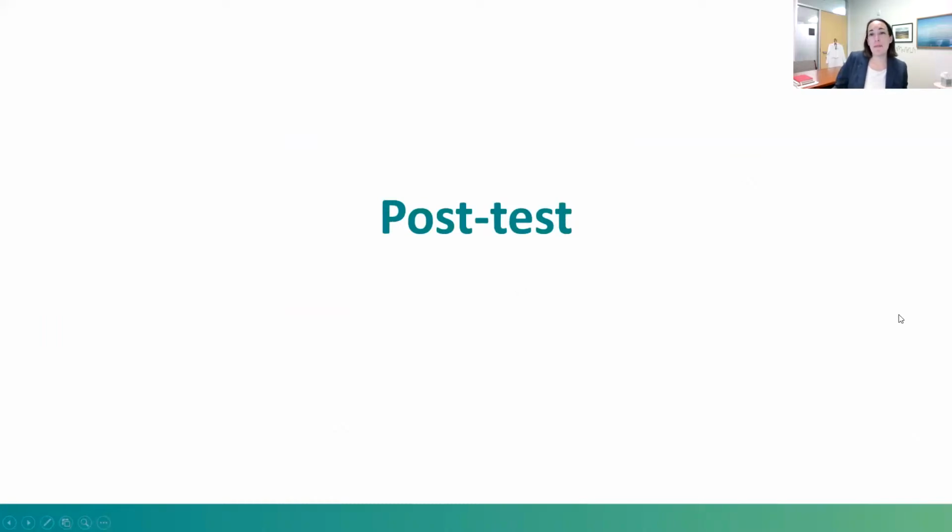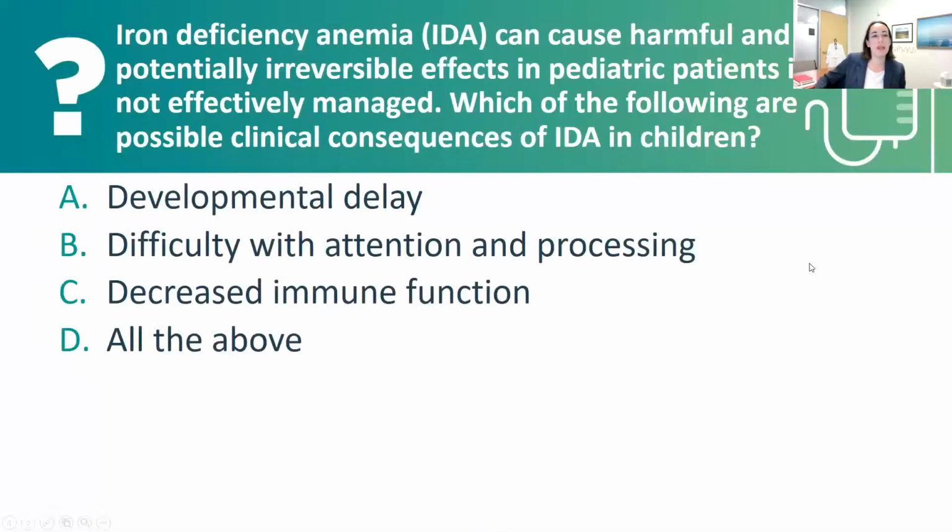Okay, so we're going to work through the same post-test. We'll go over the answers this time, or share the answers with you all. The first question: iron deficiency anemia can cause harmful and potentially irreversible effects in pediatric patients if not effectively managed.